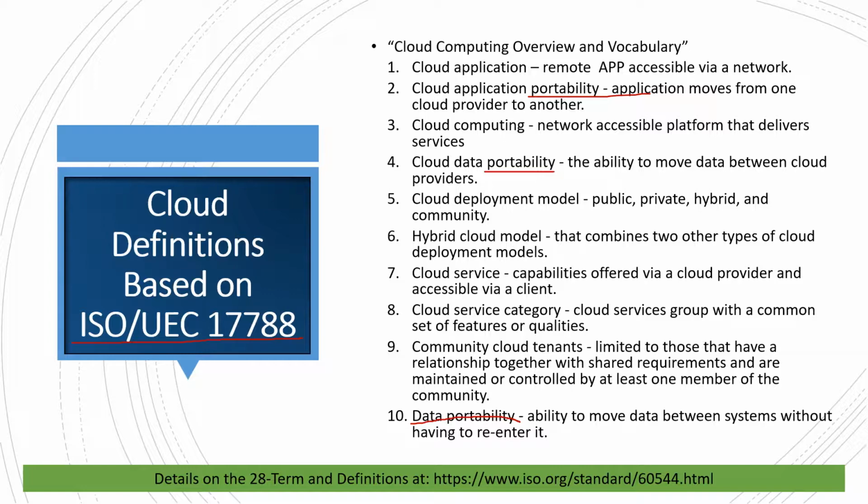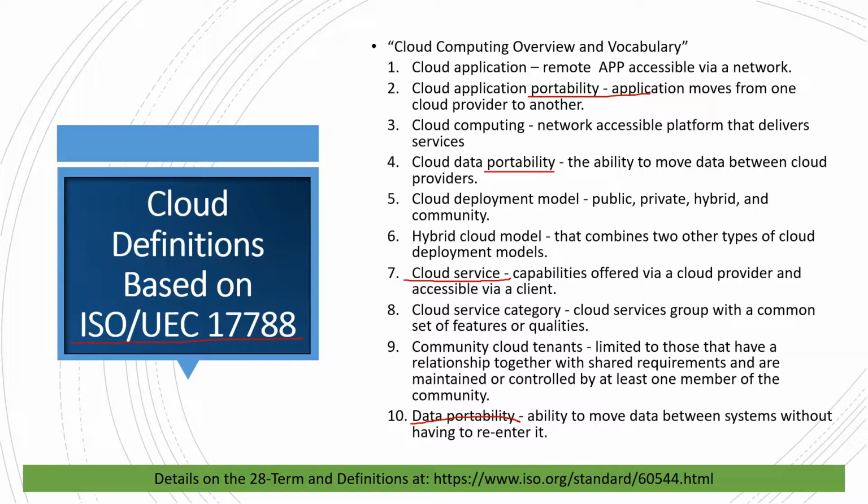In addition to that, as you will see in the next 3 slides, 4, 5, and 6, there is cloud service. Now, cloud service is used multiple times. In the book, it comes out over 80 times that you have the definition of cloud service. There are 8 terms that have cloud service associated with them, based on my research, so it is important that we know the differences between all of them.